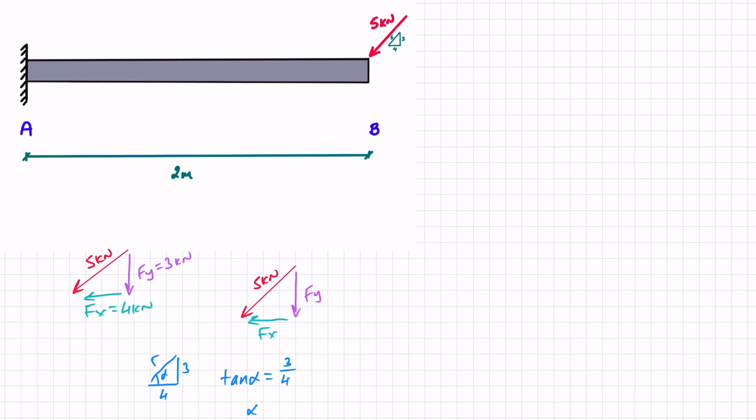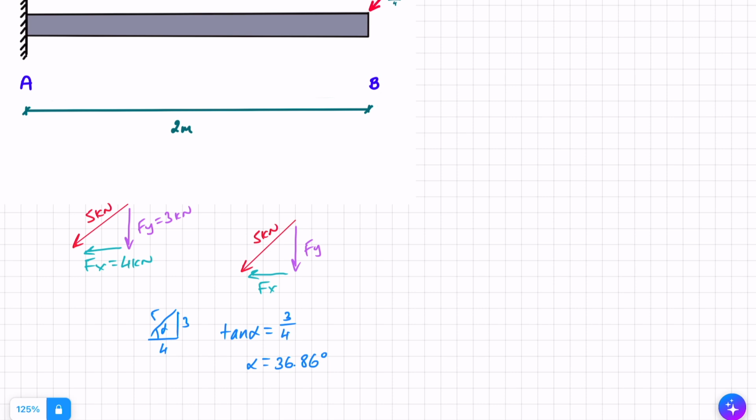If I do inverse tan on my calculator, I find out that alpha is 36.86 degrees, meaning that sine alpha is 0.6 and cos alpha is 0.8, and therefore Fy is 5 sine alpha, which gives me 3 kilonewtons, and Fx is 5 cos alpha, which gives me 4 kilonewtons. So two ways, either recognizing that triangle or just finding what the angle is and then solving the components like we've done many times before.